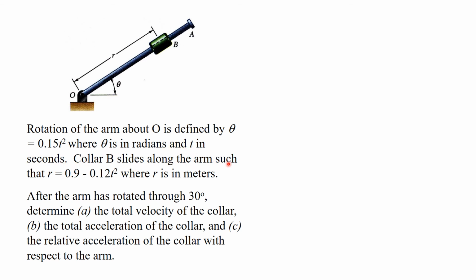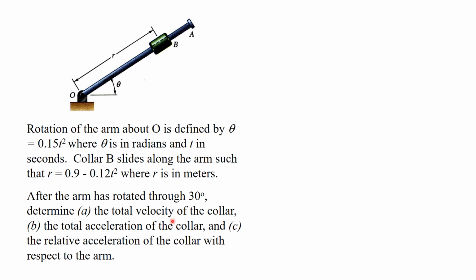Collar B slides along the arm such that r is equal. So we're given an equation for what the radius is doing with time and an equation for what our angle is doing with time. After the arm has rotated through 30 degrees, find the total velocity of the collar.